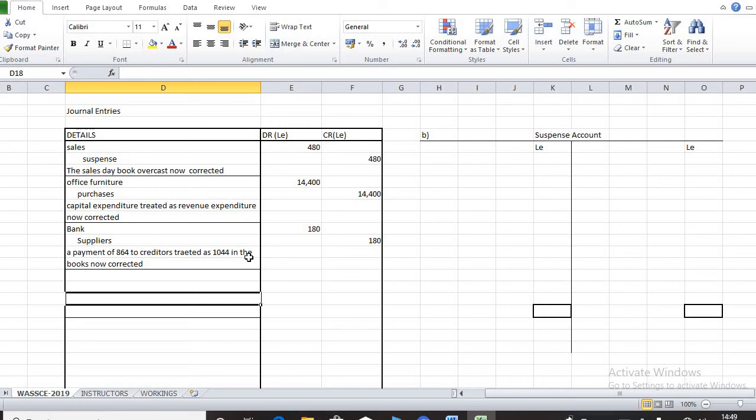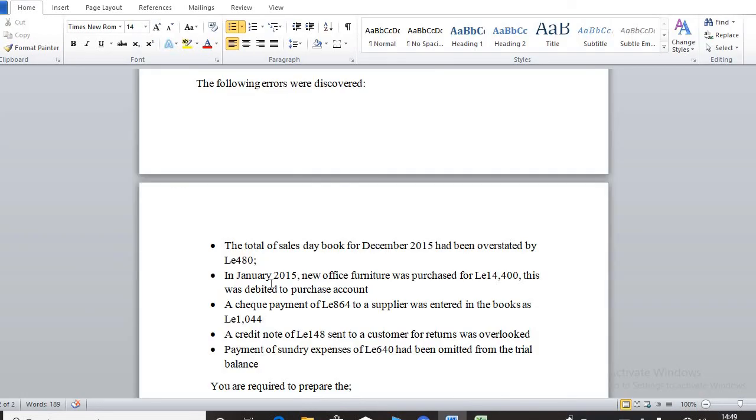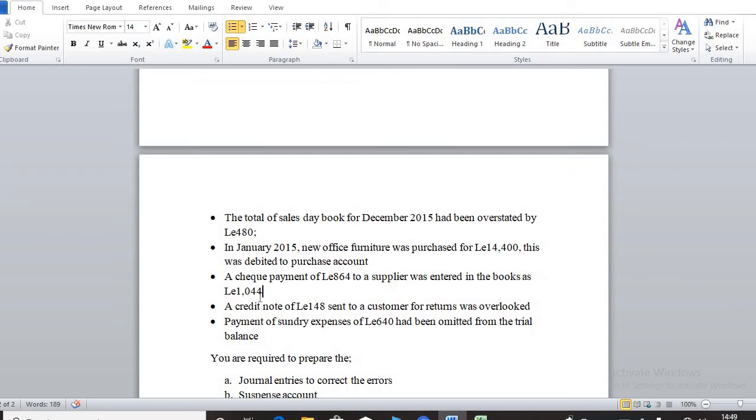So as I said, when you see something like this, first you have to compare the figures to see if the one recorded is more than the one which was to be recorded, meaning the account in the books of the business has been overstated. Then you find the difference between the two amounts involved.